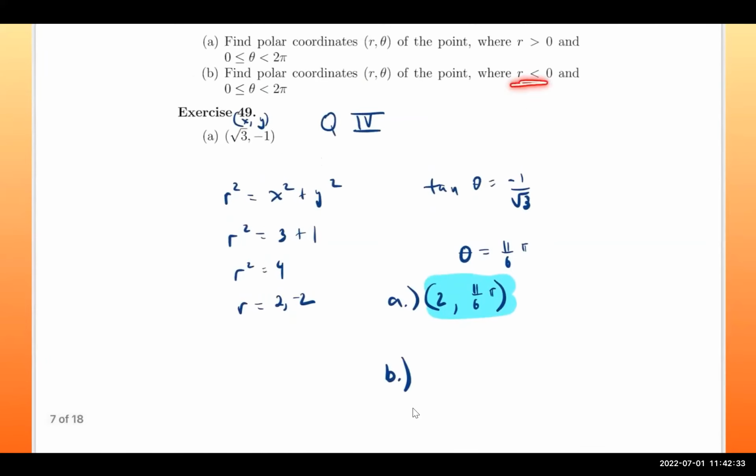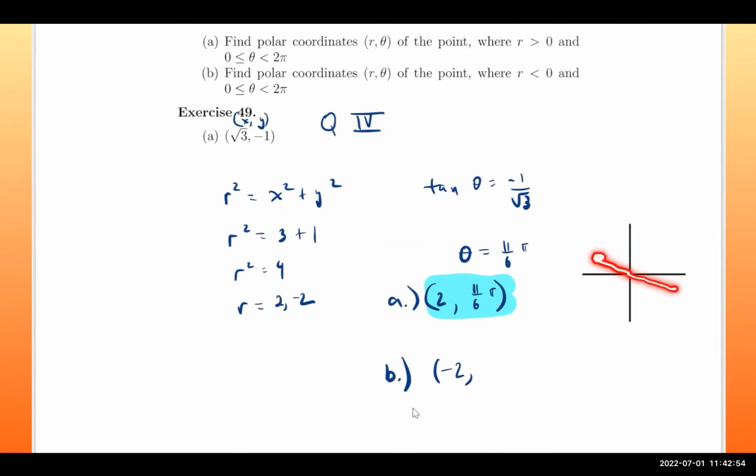For part B, they want the negative r, so that would be -2. All right, and for the angle, since with polar coordinates, if you have a negative r, that means you're going to go the opposite direction.